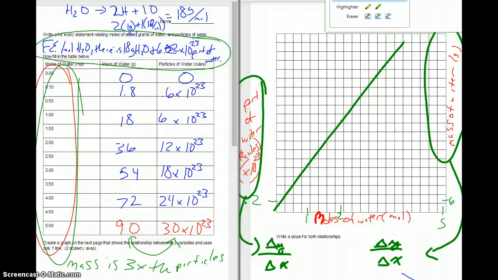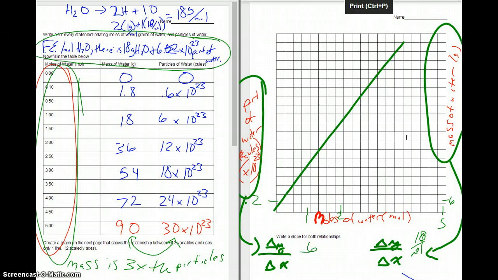For the mass one, you should get 18 grams per mole. And for the other one, you should get 6 particles per mole. But then remember, this 6 particles is times 10 to the 23rd. So that's times 10 to the 23rd.